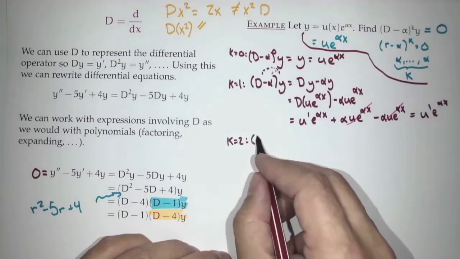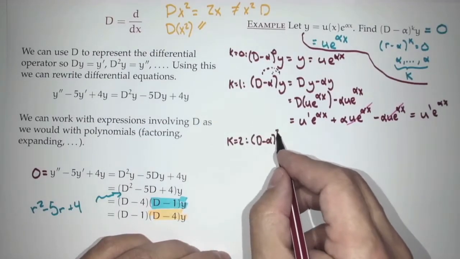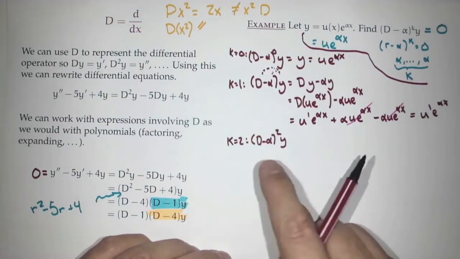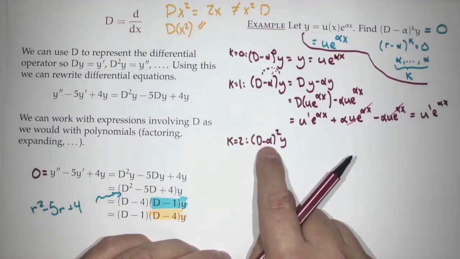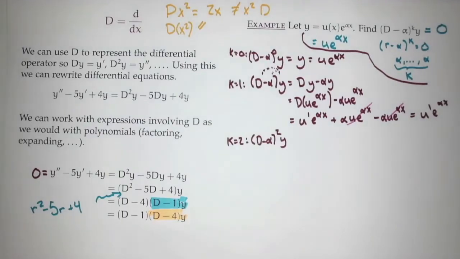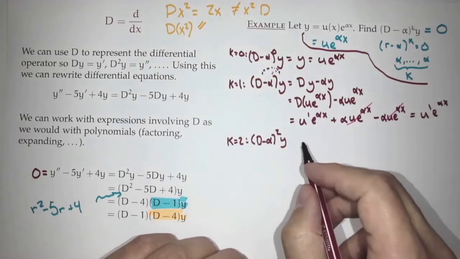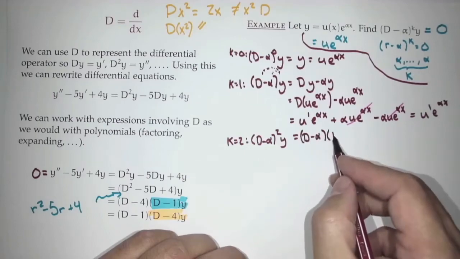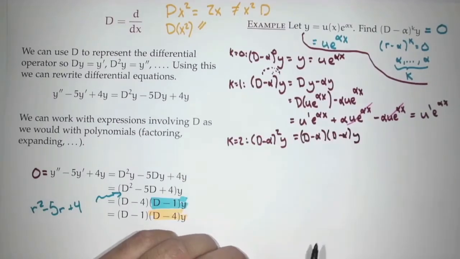So that's d minus alpha squared times y. So again, this is a differential equation which corresponds to alpha being a repeated root 2 times. That's what that notation means. All right. Well, that's the same as d minus alpha times d minus alpha times y.